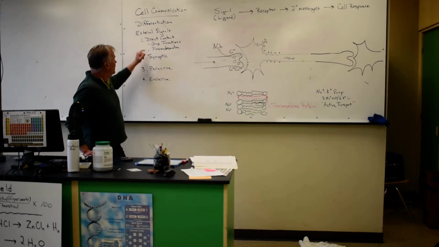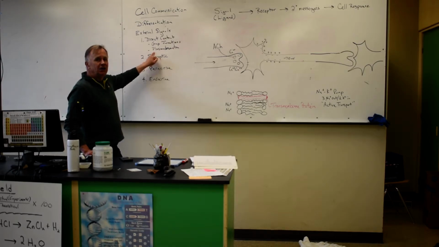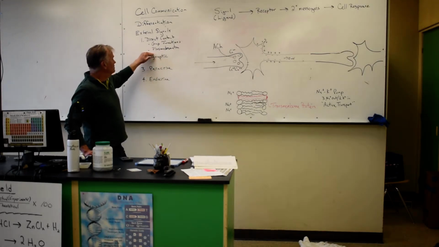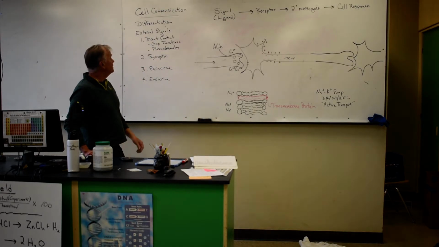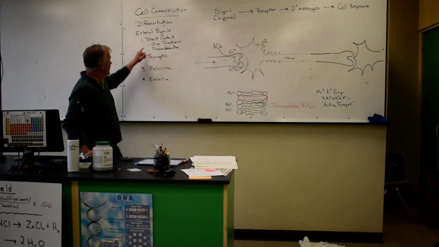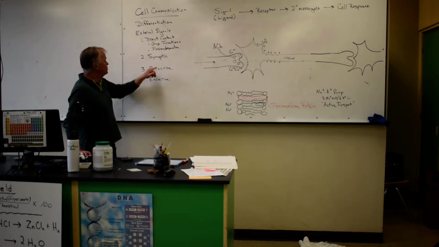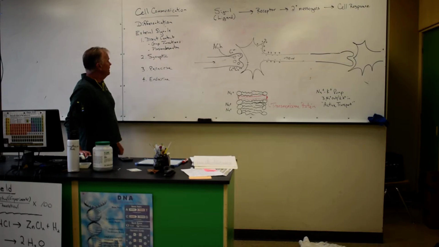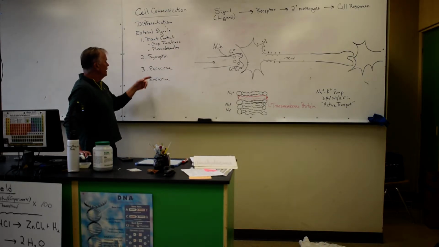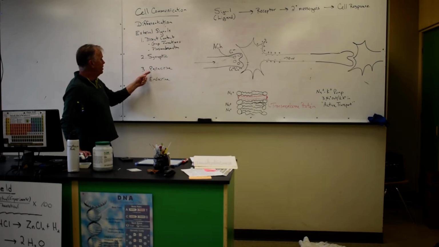Plants have what's called plasmodesmata, which are channels from cytoplasm to cytoplasm. That's a direct contact type of communication. We're going to look into synaptic today, which is like nerve transmission or neuromuscular transmission, using neurotransmitters. Next week we'll talk about paracrine and endocrine.